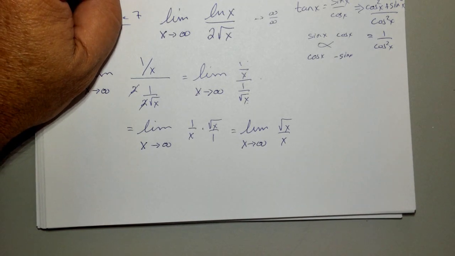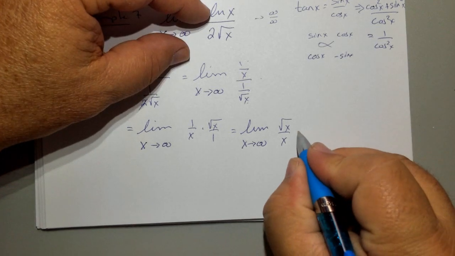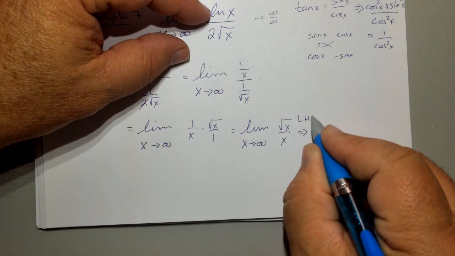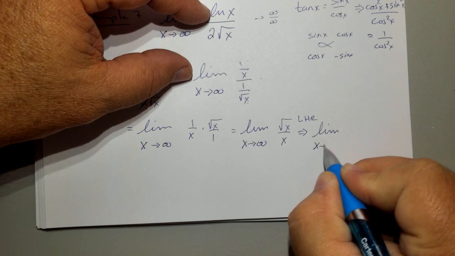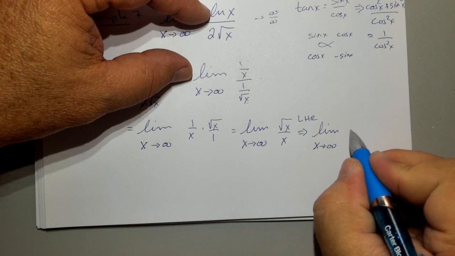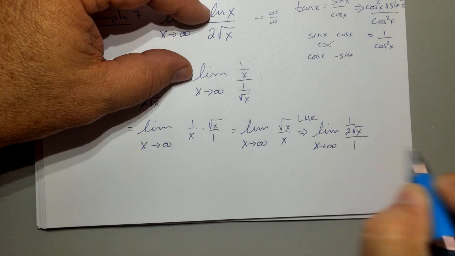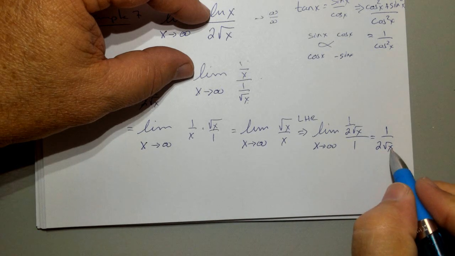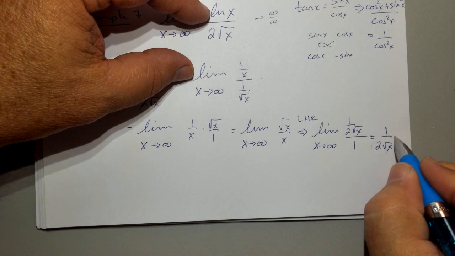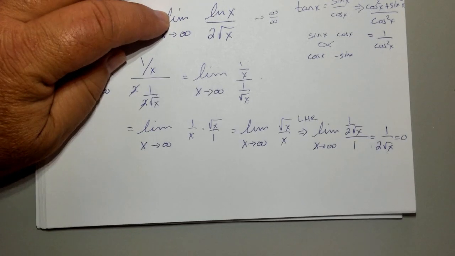Square root of infinity is still infinity, so it's infinity over infinity. So we take L'Hopital's rule again. The derivative of radical x is 1 over 2 radical x, over 1, which is 1 over 2 radical x. As x goes to infinity, the bottom goes to infinity, so the answer is 0.